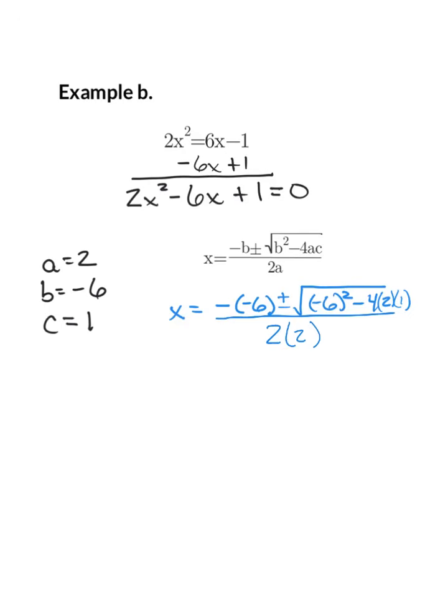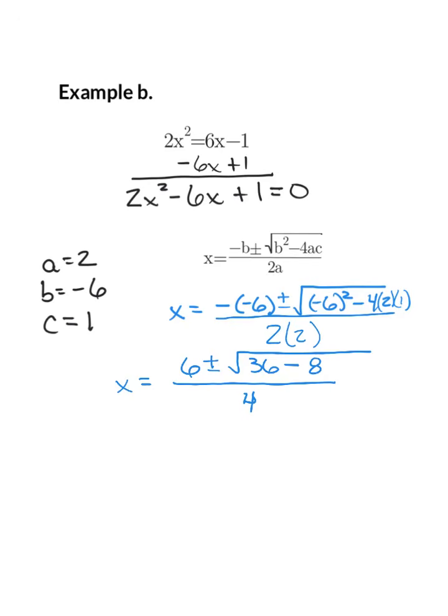Let's go ahead and simplify. If we simplify, we get minus -6 becomes positive 6, plus or minus -6 squared is going to be a positive 36, minus 4 times 2 times 1 is 8, over 2 times 2 is 4.